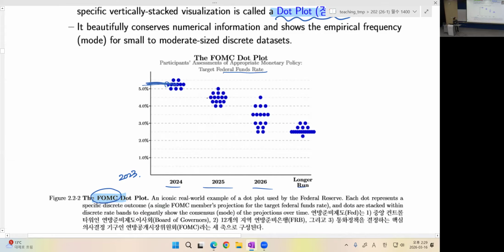Then you see that for year 2024, 5 members expected around 4.5, and 4.25, 4.75, something like that. This is the so-called FOMC dot plot, FOMC 점도표 in Korea.